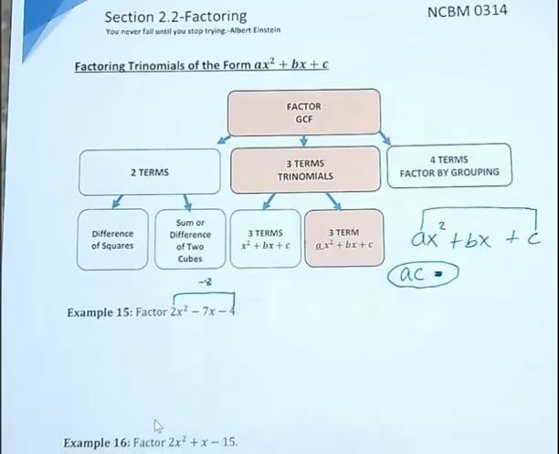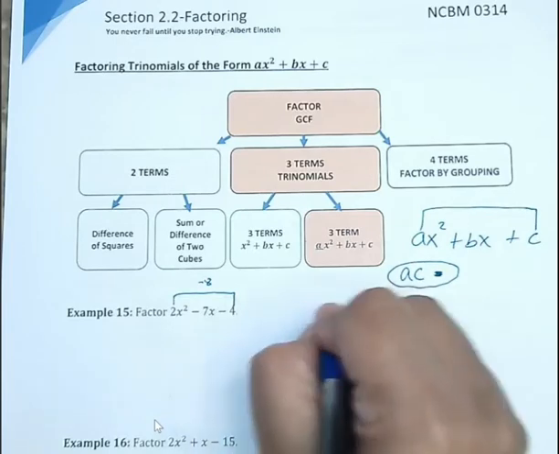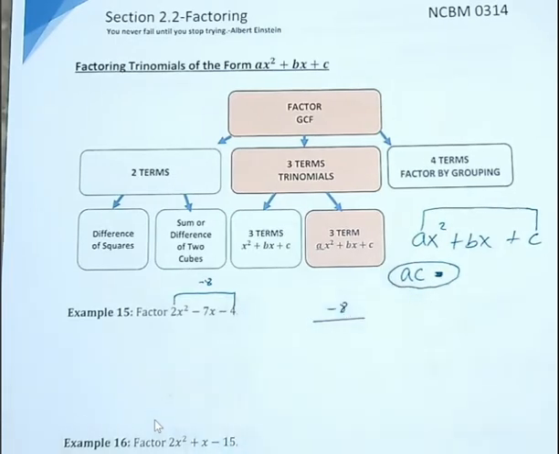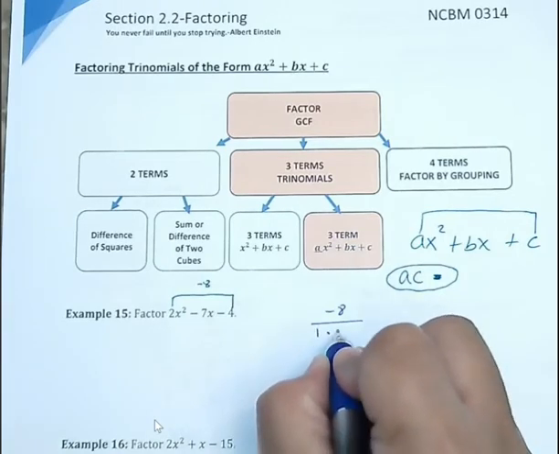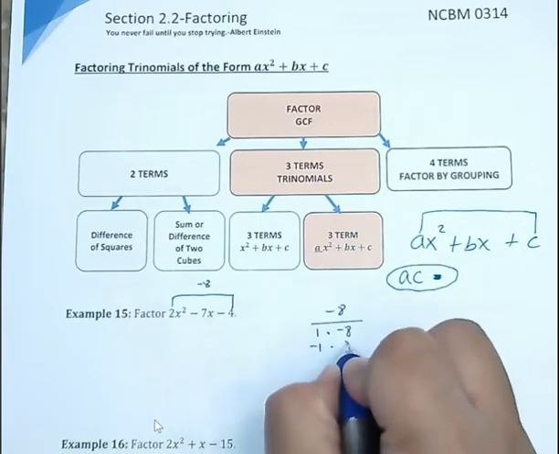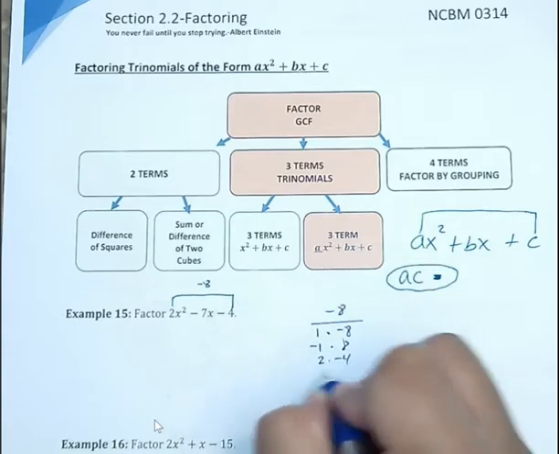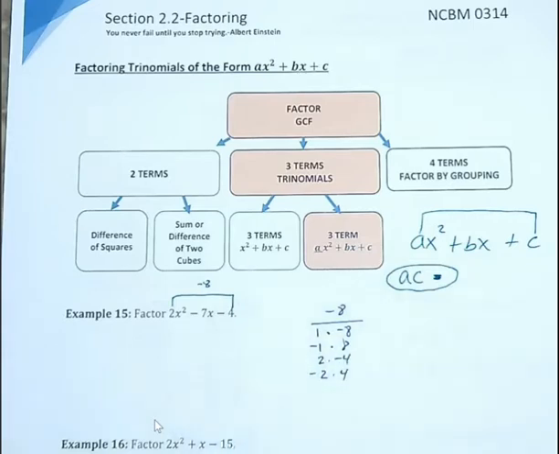So I'm going to take my negative 8 and follow the same process that we did earlier. How can we get a negative 8? 1 times negative 8, negative 1 times 8, 2 times negative 4, negative 2 times 4.